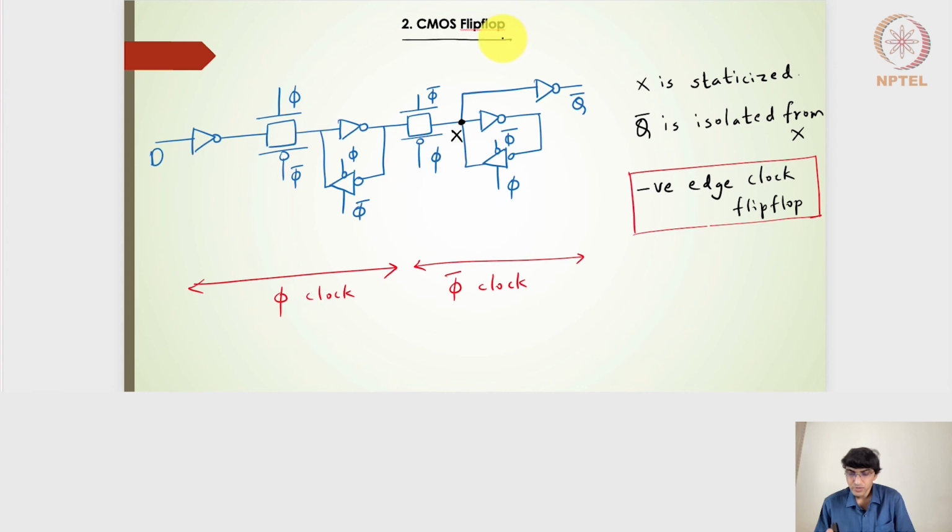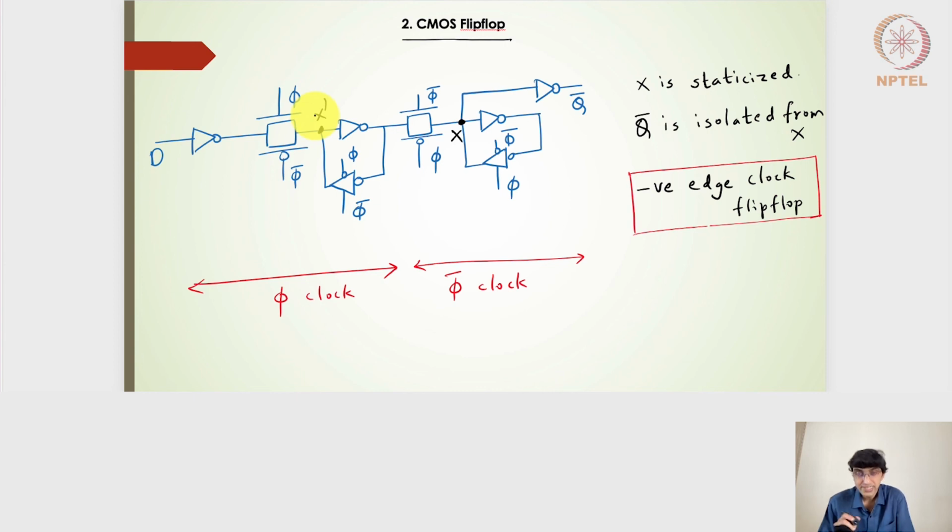Right, just to make it a more robust design, just as we had done for the CMOS latch, we are introducing the feedback path, or the tri-state inverter in the feedback path, to ensure that this particular node, the X node here, as well as the X dash node here, is staticized, right?